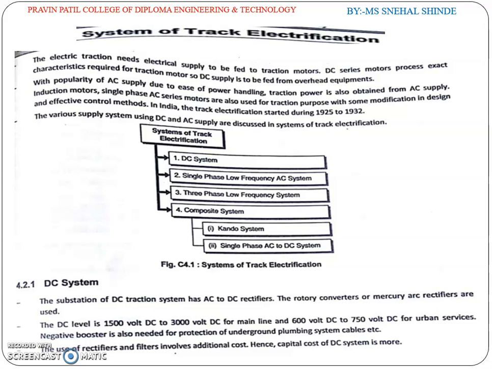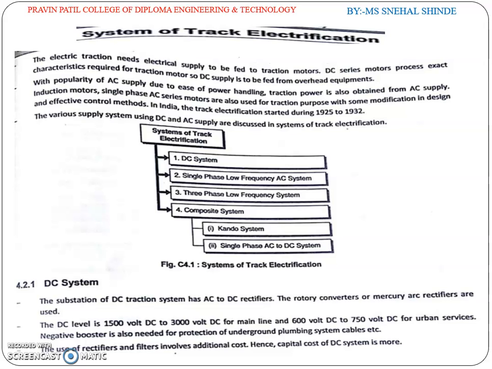In the DC system, the substation of the DC traction system has an AC to DC rectifier. Rotary converters or mercury arc rectifiers are used. The DC level is 1500 volt DC to 3000 volt DC for main line and 600 volt DC to 750 volt DC for urban services.